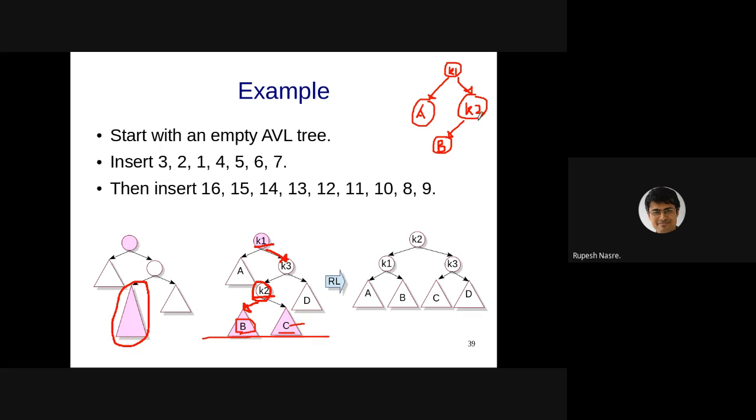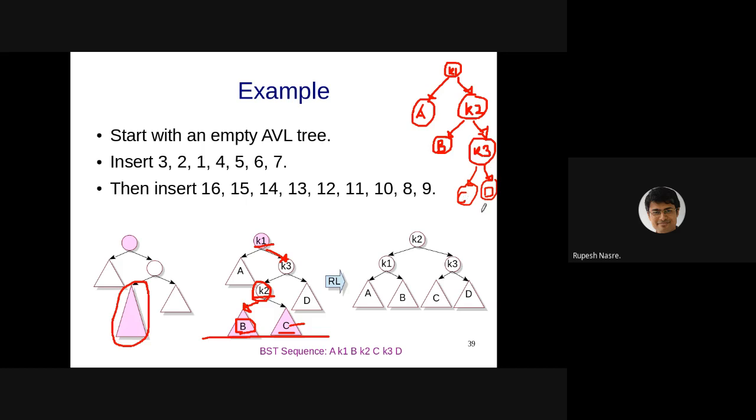And its right child is going to be K3. Its right child is again not going to change, which is going to be D. And its left child is going to be C. Is this correct?